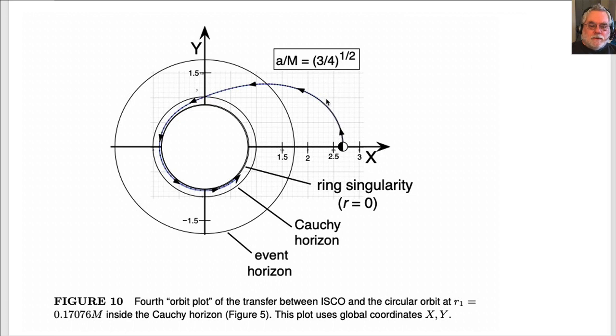This diagram is looking down the rotation axis, down the z-axis, at the equatorial xy plane for a black hole rotating at 87% of maximum. Of course, once this probe crosses the outer event horizon, here, it can no longer communicate with our universe.